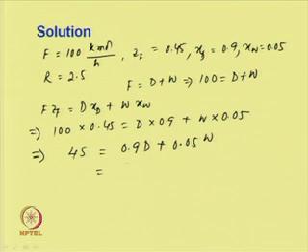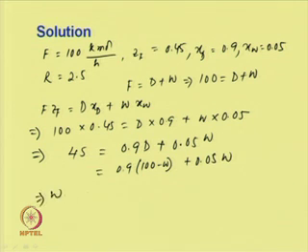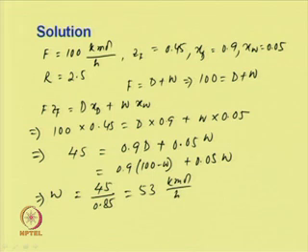Now, putting D is equal to 100 minus W, we can write 0.9 into 100 minus W plus 0.05 W. From this we can write W is equal to 45 divided by 0.85, which would be 53 kilomole per hour.